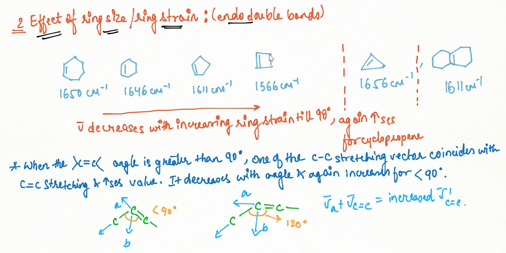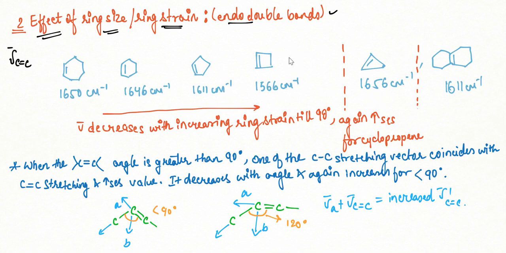Okay, so these are our systems over here, and as I can see, as I'm decreasing the size of the ring, the value of the endo double bond goes on decreasing. The frequency, or the wave number, for the carbon-carbon double bond goes on decreasing with the ring size. Okay, alright.